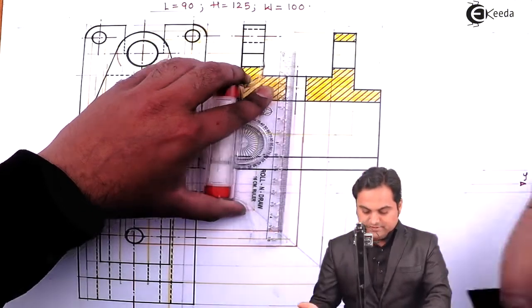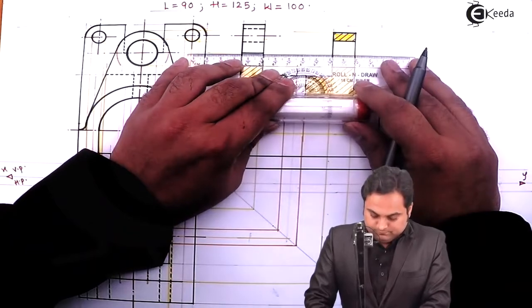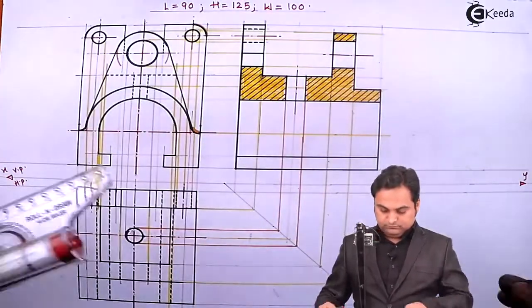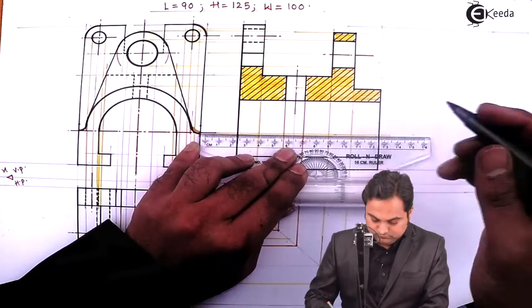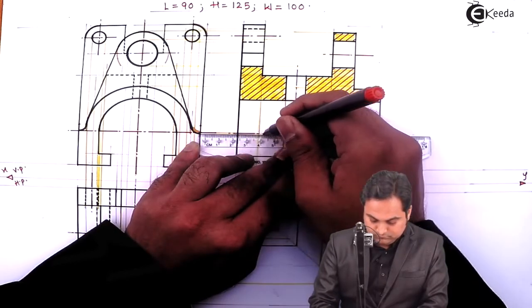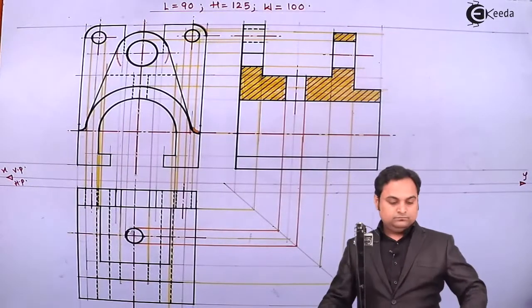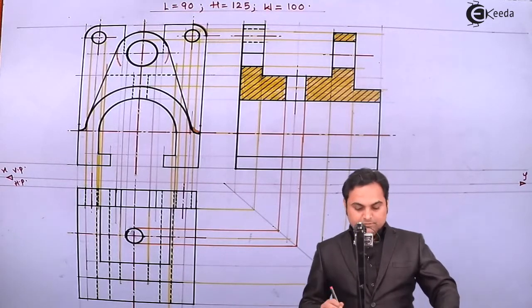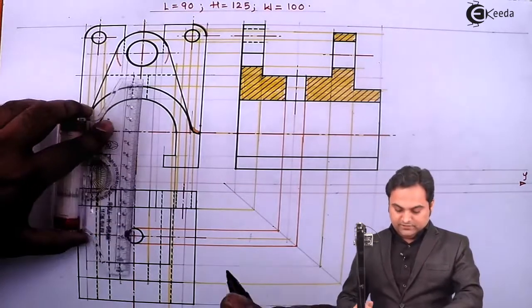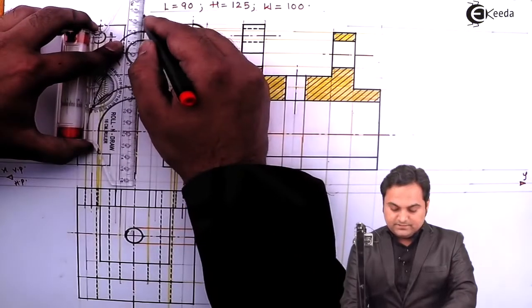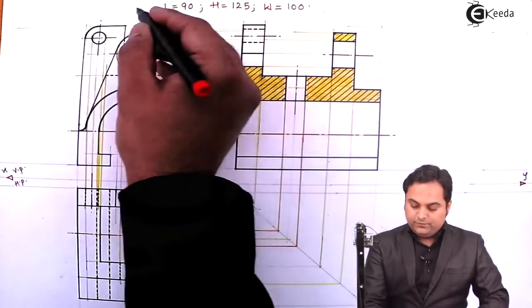Then drawing the center lines. After completing it up till here, I'll give the name of the cutting plane, that is XX, into the front view.